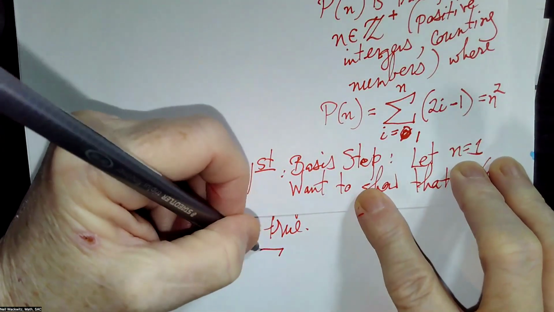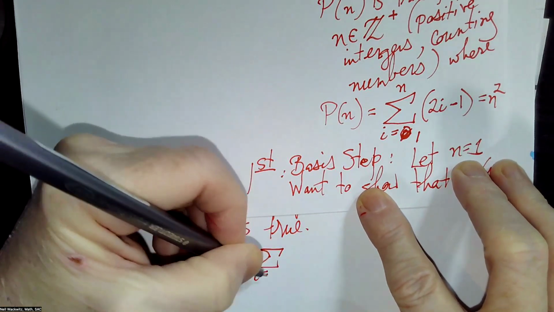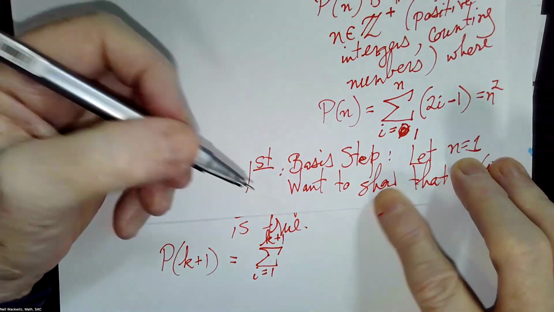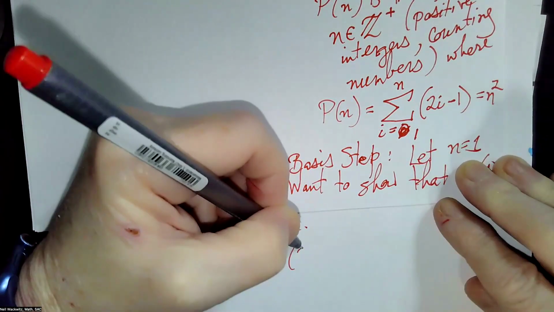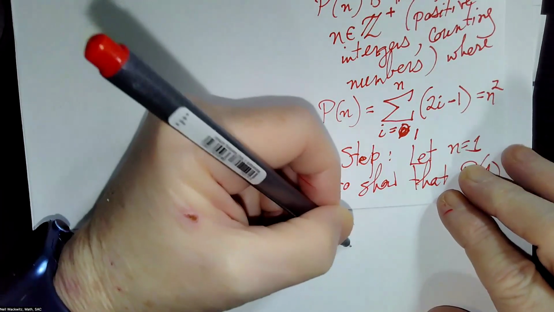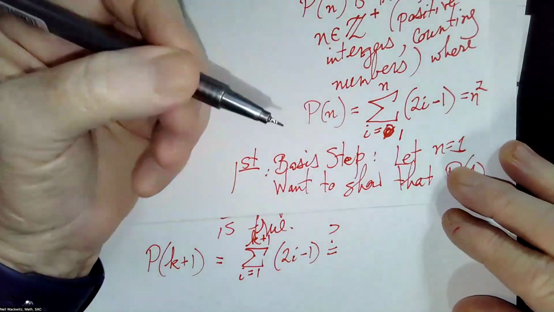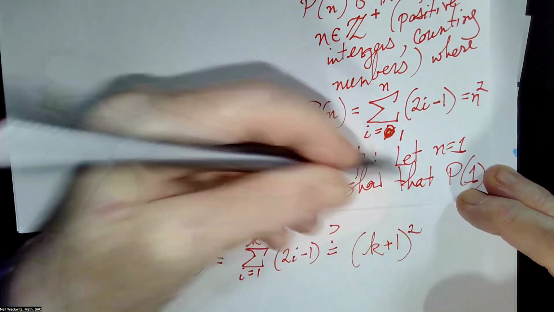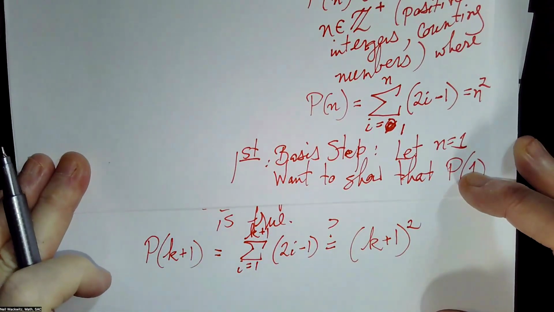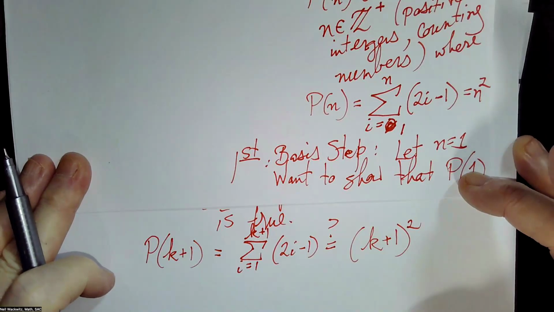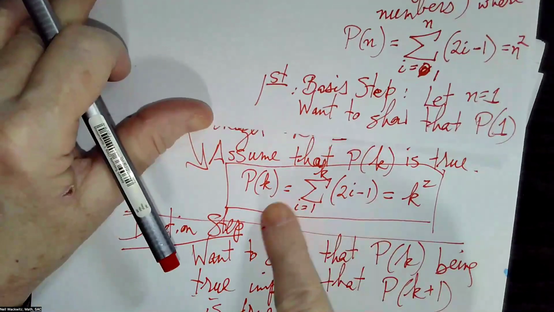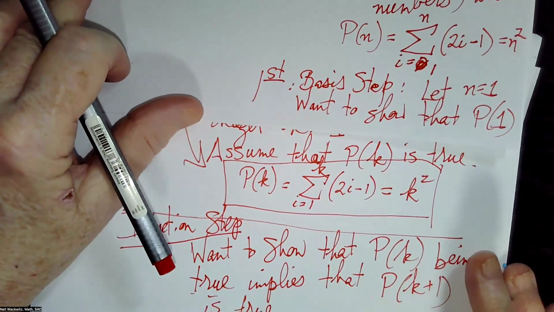So we've got the sum as i goes from 1 to k plus 1 of 2i minus 1. We want to show that that equals k plus 1 squared. And to do this, we need to use our induction hypothesis.